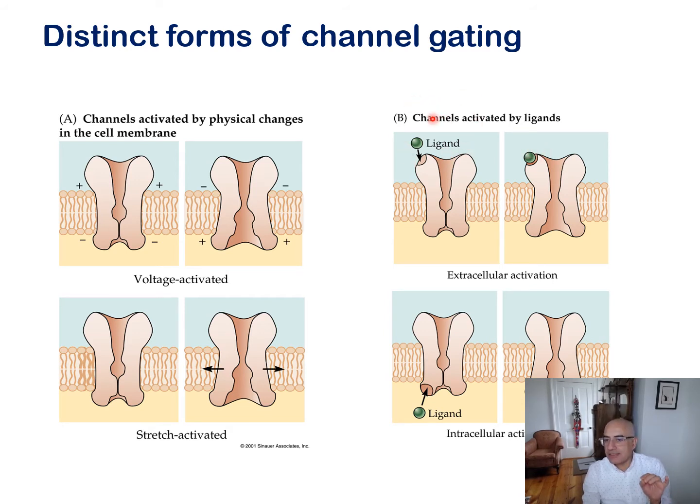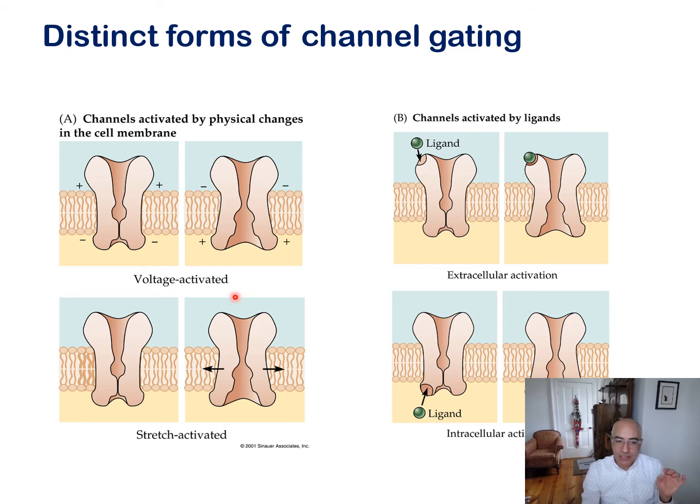A ligand can bind the channel from the extracellular side, such as happens in neurotransmitter receptors, or it can bind the channel from the intracellular side, as we'll see, for example, in calcium activated channels or in cyclic nucleotide activated channels that we will discuss extensively in the context of the visual system.